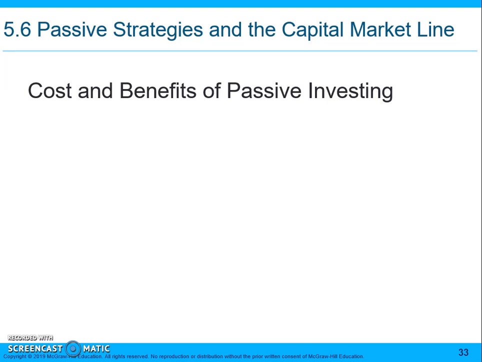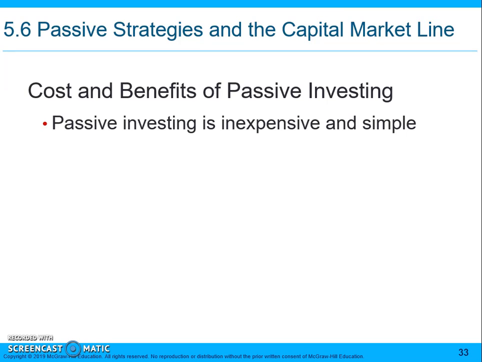Costs and benefits of passive investing. Passive investing is inexpensive and simple. A good way to participate in passive investing is with exchange traded funds. You can invest in exchange traded funds with annual expense ratios of less than 0.25%, certainly, and some less than a tenth of a percent annually.